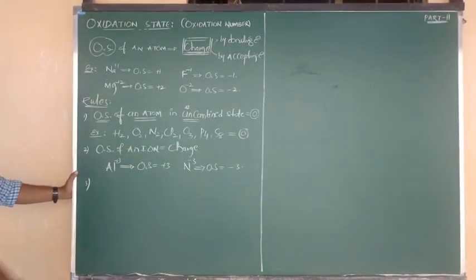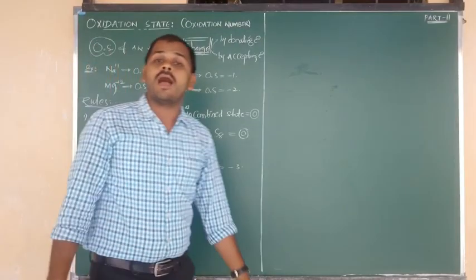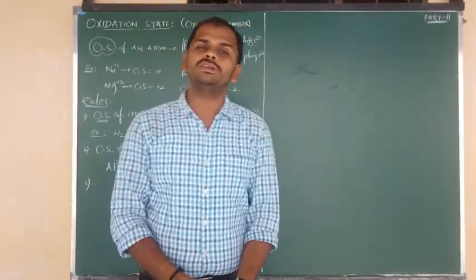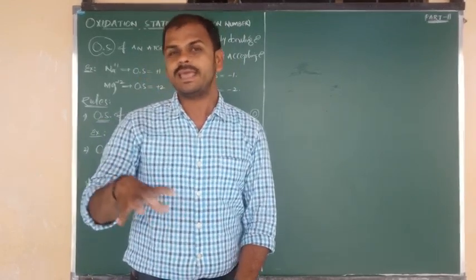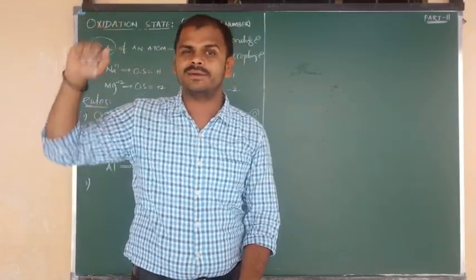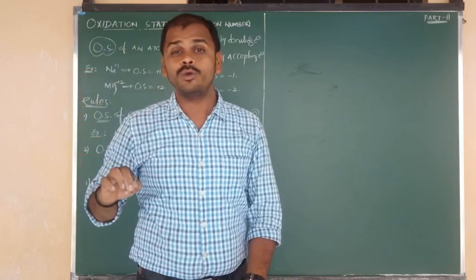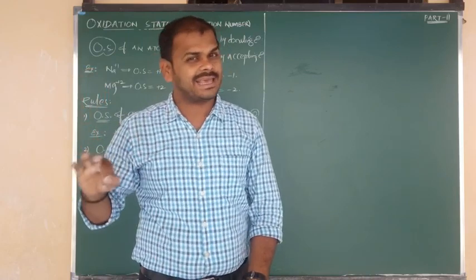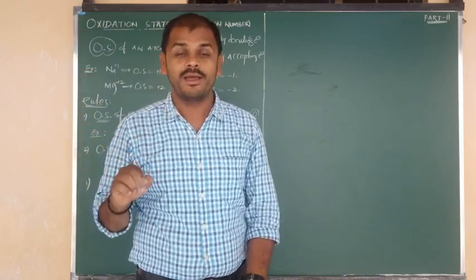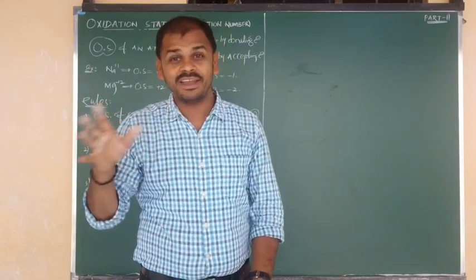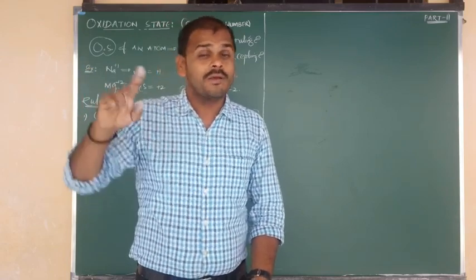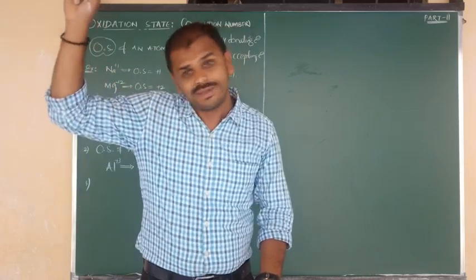Next, I am going to give you one general formula for the determination of oxidation state, like the formula I gave in the case of valency. How to calculate valency? Valency is equal to group number, and one more formula is there, 8 minus group number. But conditions apply: from 1A to 4A, and from 5A to 7A. I told you in valency.